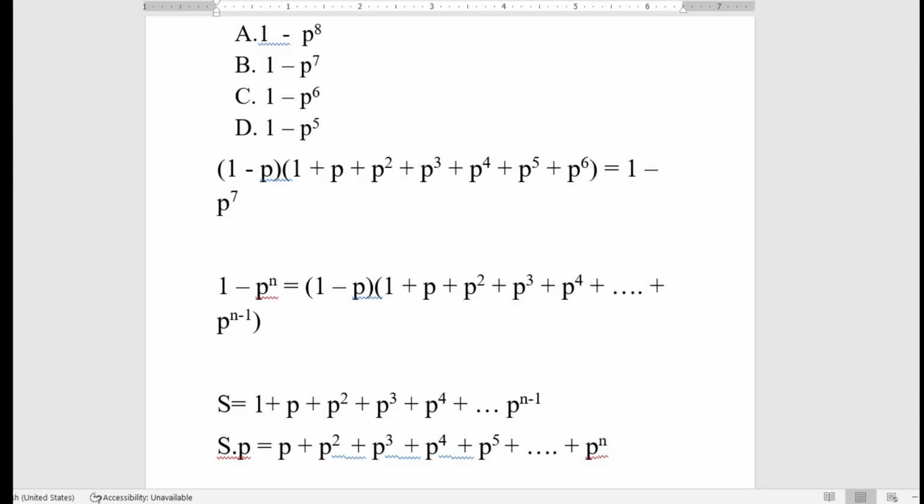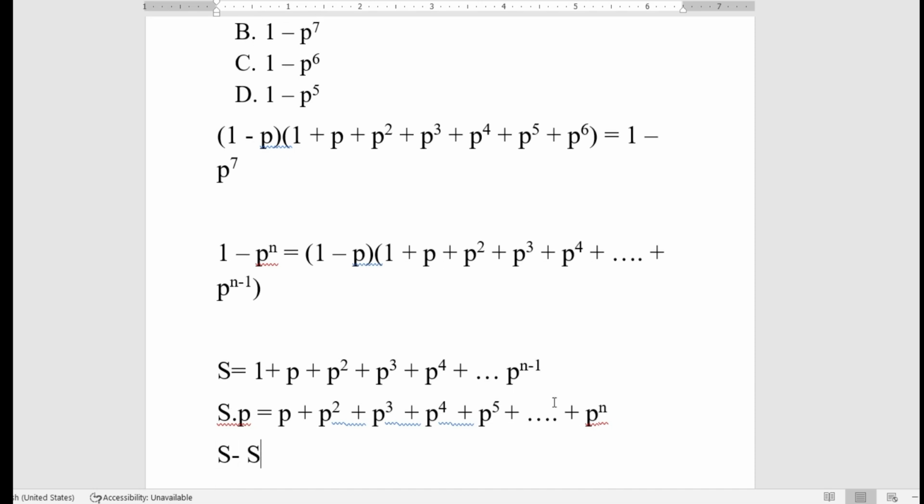Okay, and then you will use s minus sb, and then you have 1 minus b to the power of n. Why do I have this result?